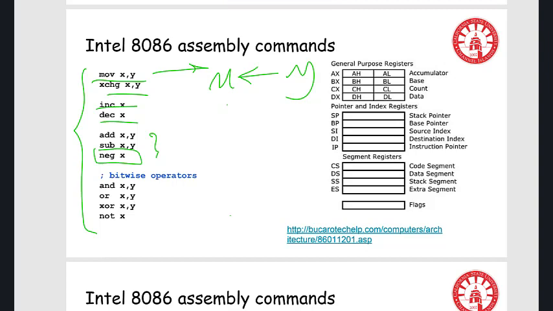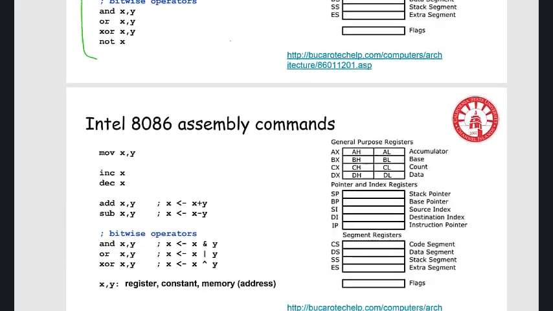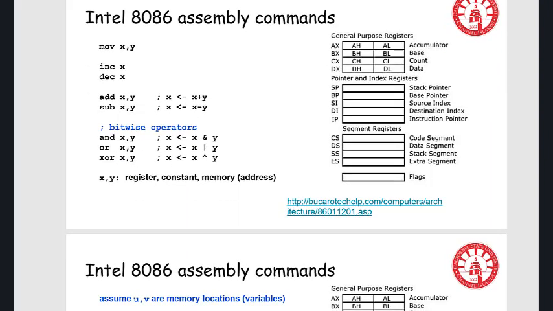Basically, if you have X and Y as 16-bit registers, AND will perform AND between each corresponding bit and put the result in register X. Here we have some explanation regarding this syntax.